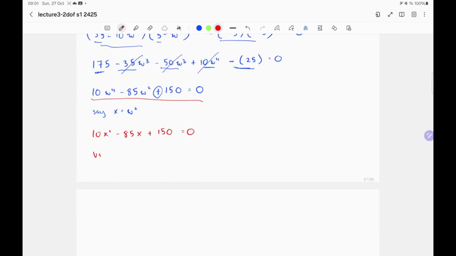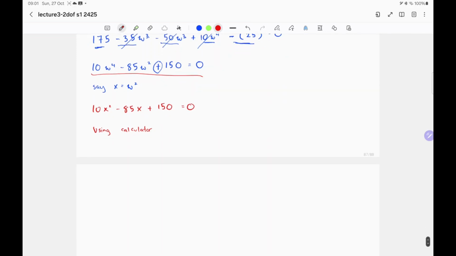So using our calculator, please don't use negative b plus minus the square root of b squared minus 4ac because we already have our calculator. So we put it into our calculator, mode, equation 2. So a is 10, b is negative 85, c is 150.